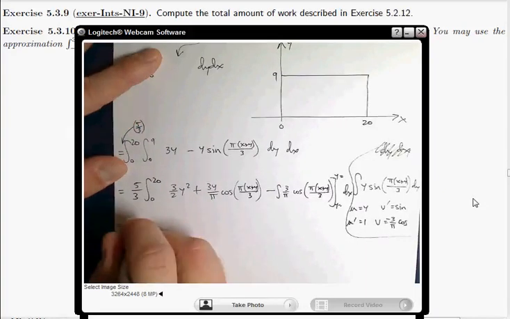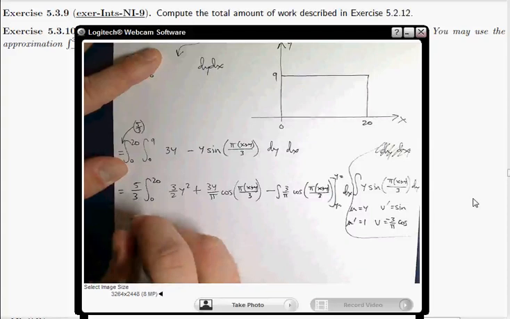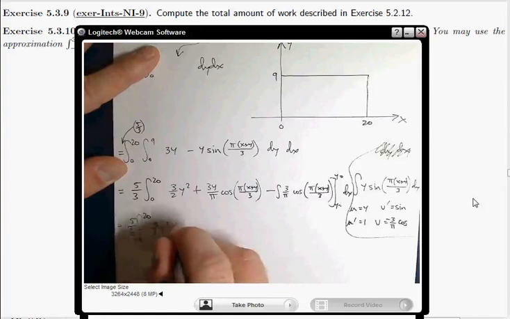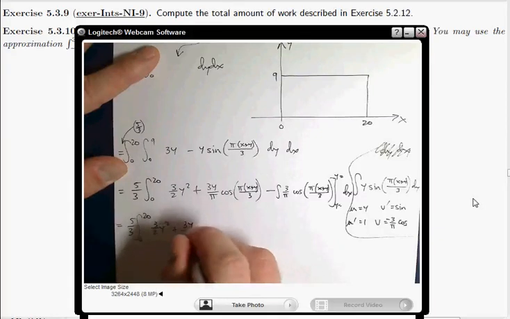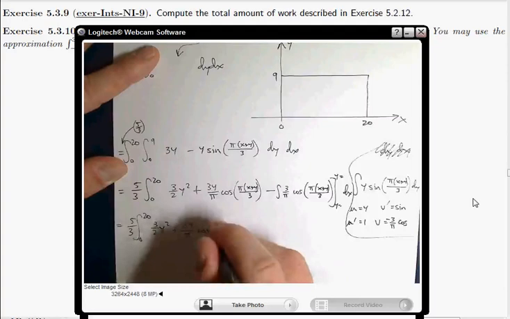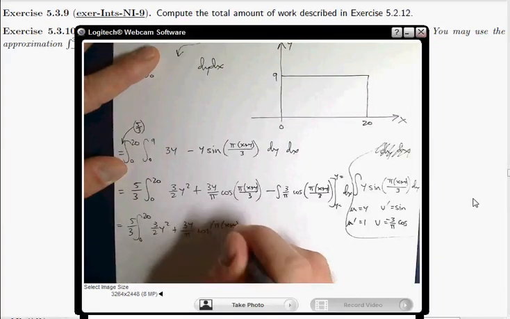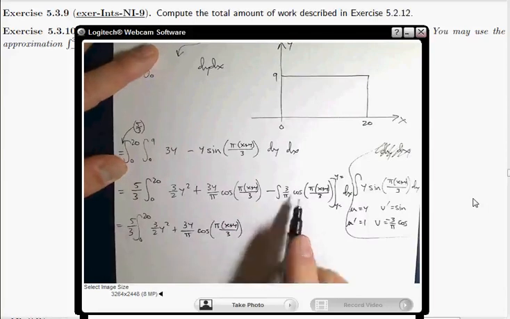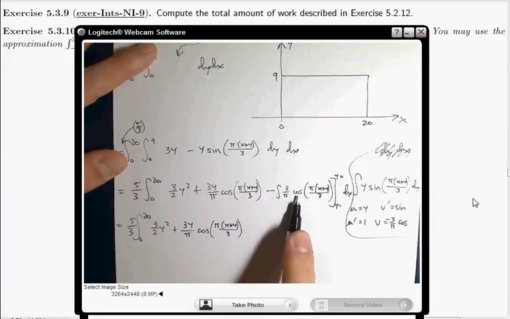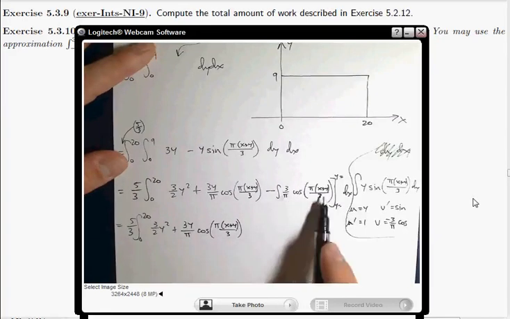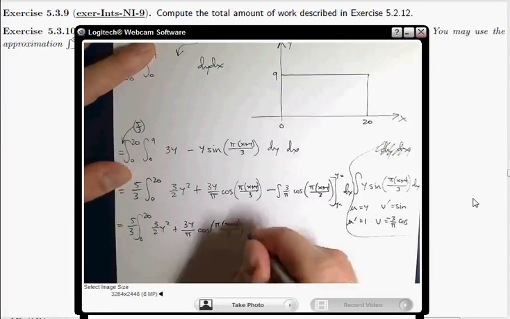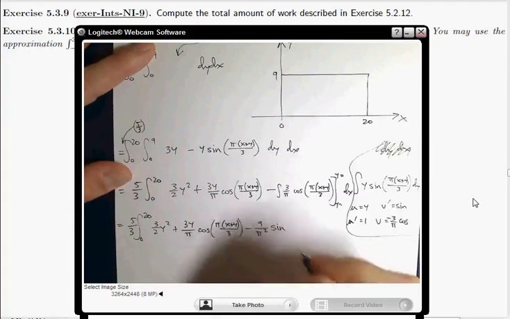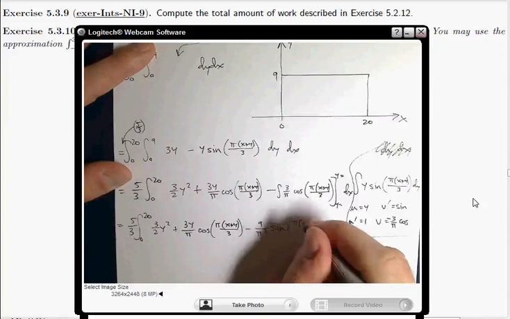Anyway, so we have 5/3 integral from 0 to 20 of 3/2 y squared minus 3y over pi cosine of pi x plus y over 3. The antiderivative of cosine is sine, but again, with the substitution rule there's an extra 3 over pi, so we have minus 9 over pi squared sine of pi x plus y over 3.